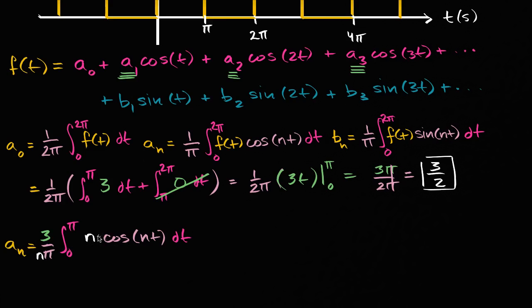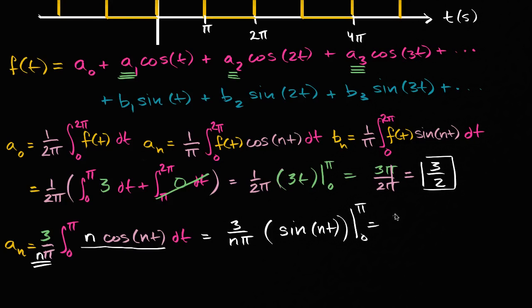It'd be n divided by n. We haven't changed the value. And so this is going to be equal to 3 over n pi, that's just what we had out here, times the antiderivative of this business, which is going to be sine of nt, and we're going to evaluate from 0 to pi.